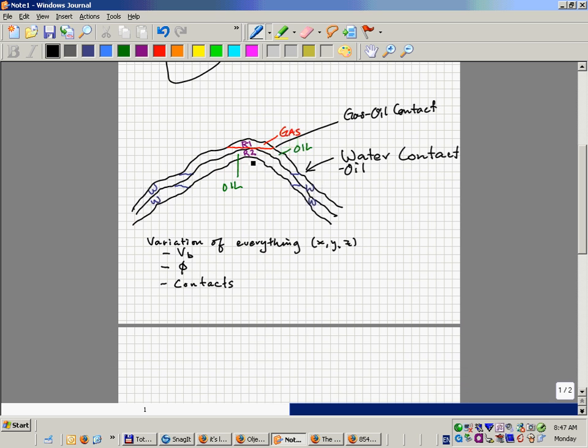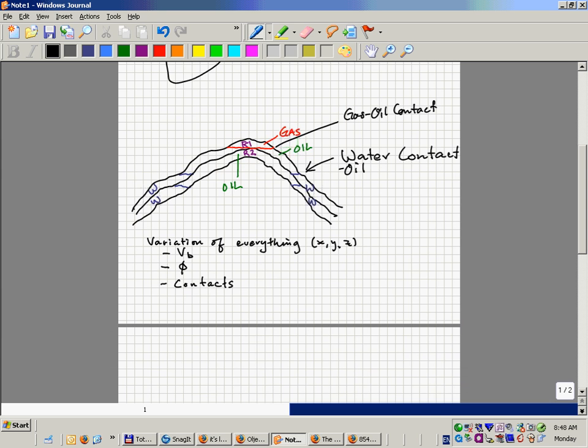In the gas cap, I said that there will definitely be what else with the gas? What else with the gas is there? I said there's something that is in every pore in every reservoir. Water. Okay? The question is how much water?